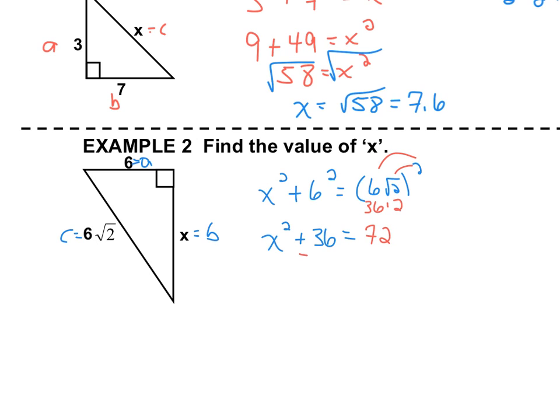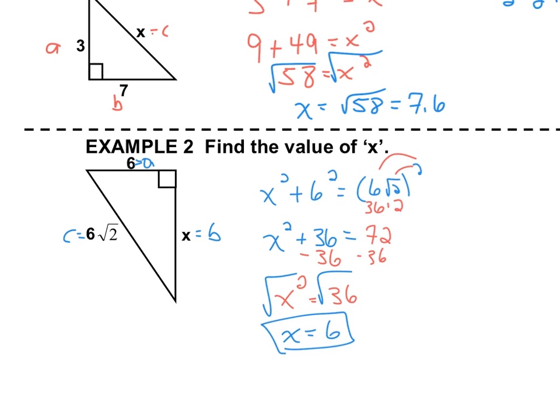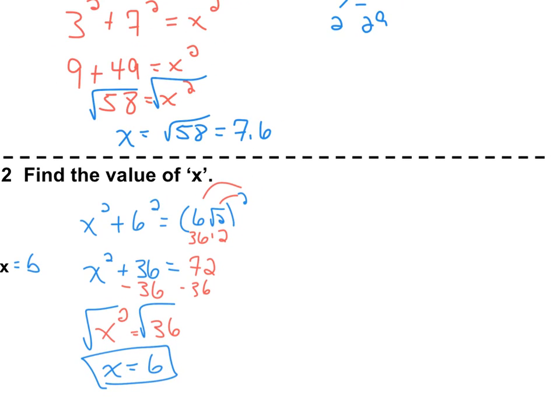So then I subtract 36 from both sides, and I get X squared equals 36. If I take the square root of both sides, I get X equals 6. And just for clarification, remember, squaring something is multiplying it by itself. So that's kind of where this comes from. 6 times 6 is 36. The square root of 2 times the square root of 2 is 2.